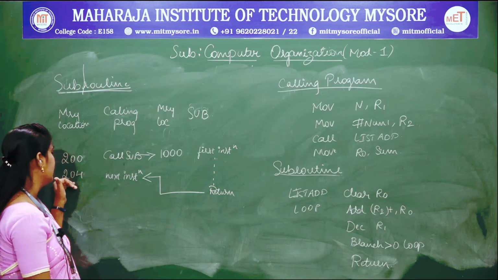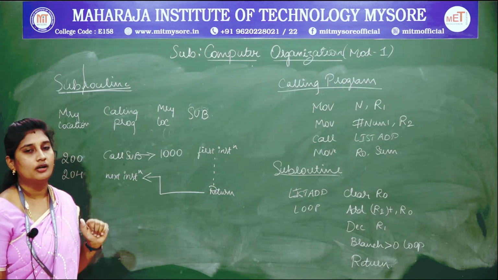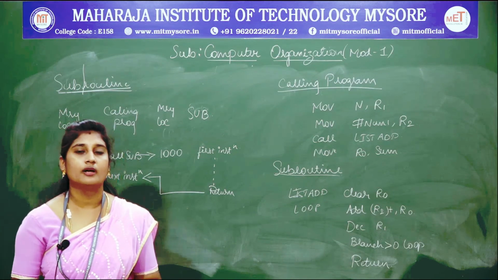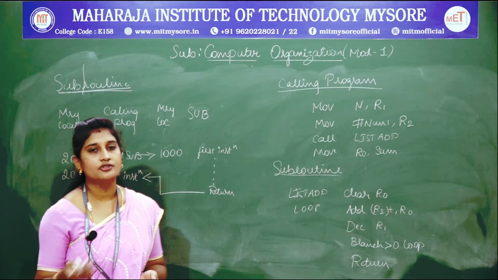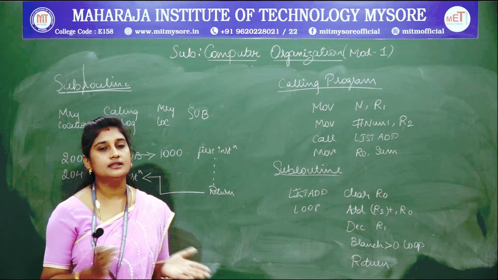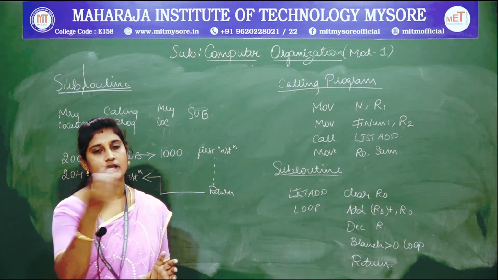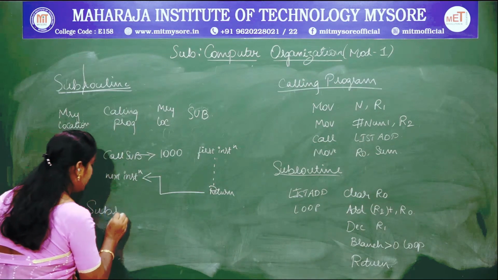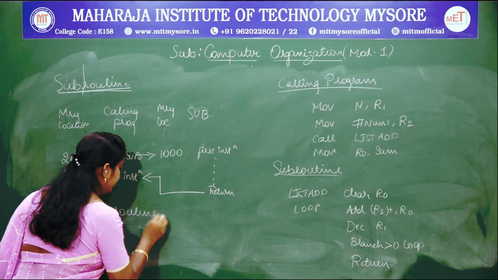Here the next instruction is present at machine instruction 204. Again it goes back to the main program, which was halted to execute the subroutine, and it gets resumed. This type of subroutine execution is called the subroutine linkage method.